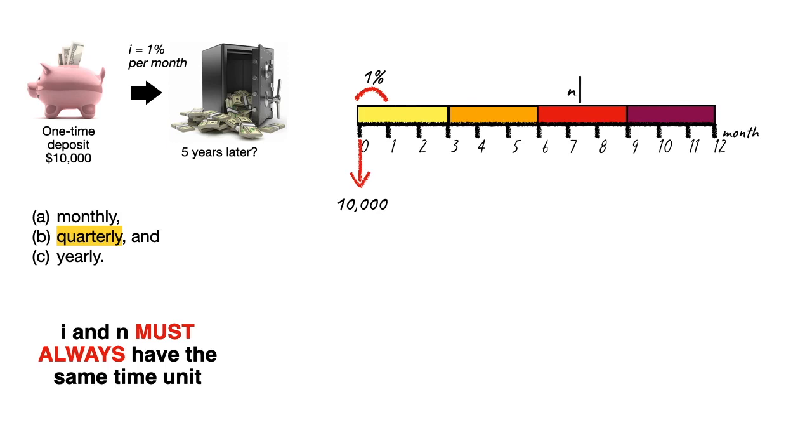And then we have to look for the effective interest rate for one compound period or one block. So if you remember from our RM equation, we need to identify what is the R value and the M value. So the R value in this case would be 1% plus 1% plus 1%.